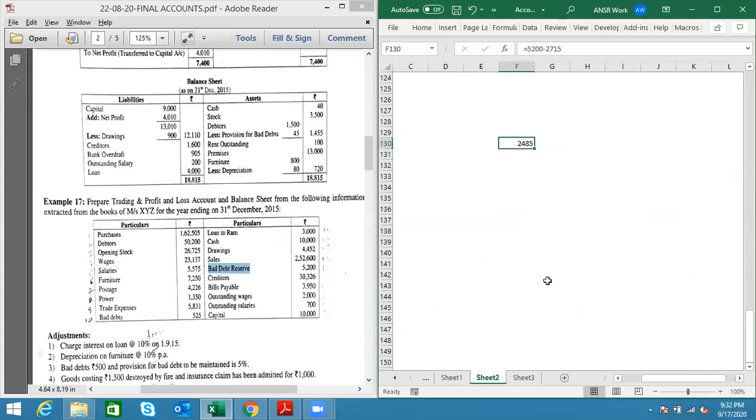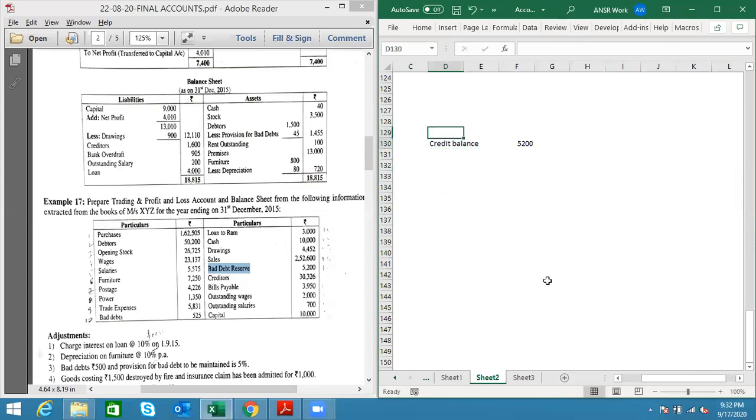Suppose you have a balance of 5,200 in a particular account. Forget about the name of the account. This is the balance that you have as of today. Then you get to know that the balance is actually wrong. Let me say this is a credit balance.